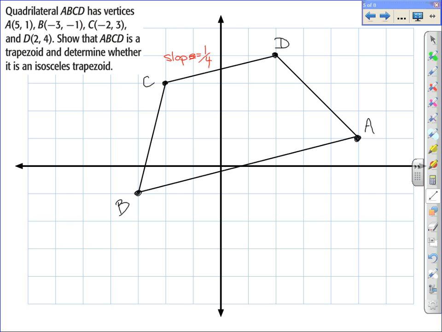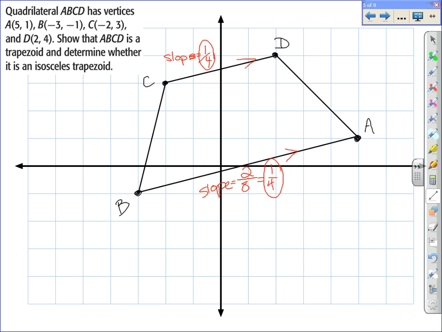So up 2, right 8. This is again the slope. Now if I simplify that fraction, I get 1/4. We have the same slopes for those two, so indeed I do have a trapezoid, one pair of parallel sides.